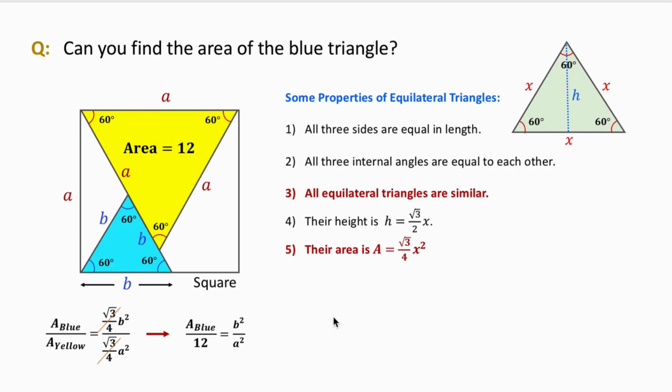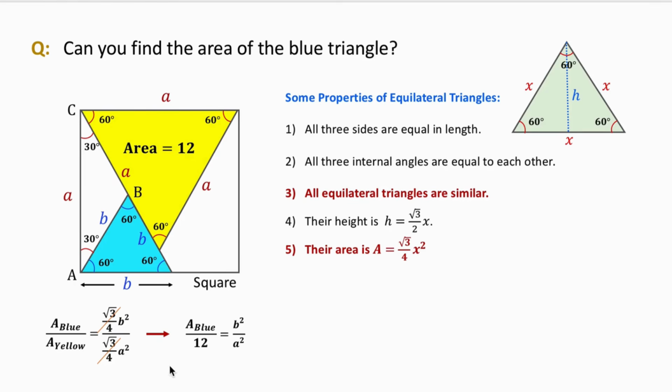If we look at the square, we can see that if this angle is 60 degrees, then these two angles are each 30 degrees. As a result, the triangle ABC is an isosceles triangle because AB is equal to BC.